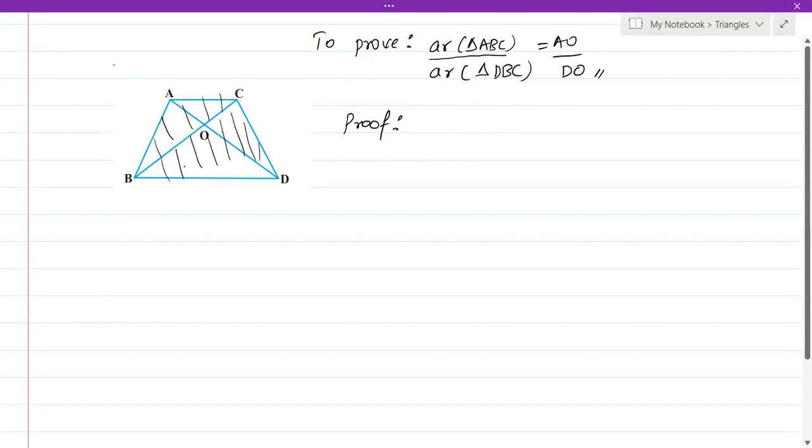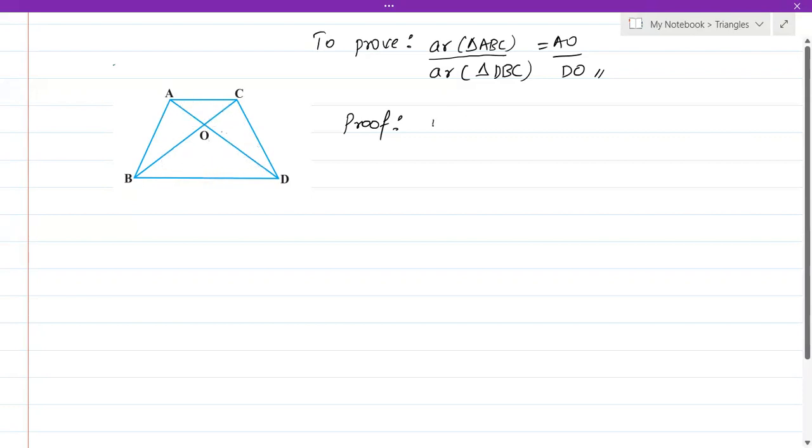Now either we have to do it by AA criteria, SSS criteria, or SAS, any one. But there is no information about the angles and no information about the sides. So here we cannot prove that the two triangles are similar using any of the criteria because there is not enough data given. So we have to do it in a different way.